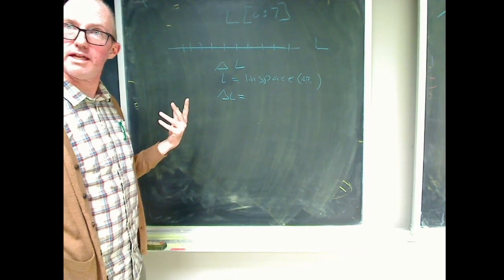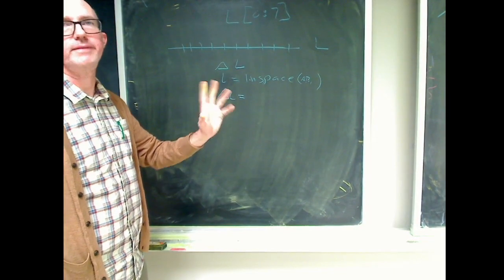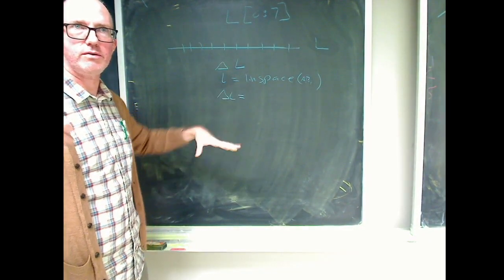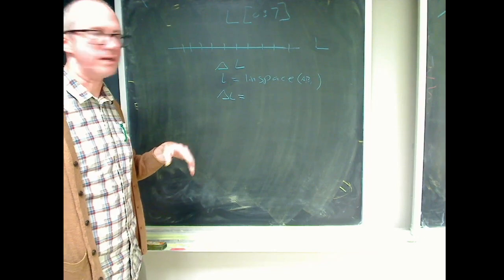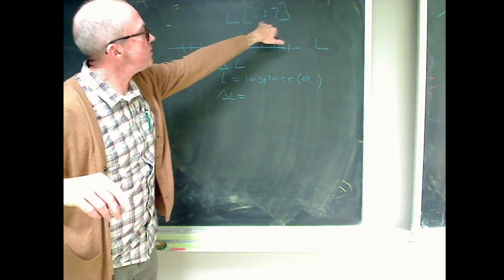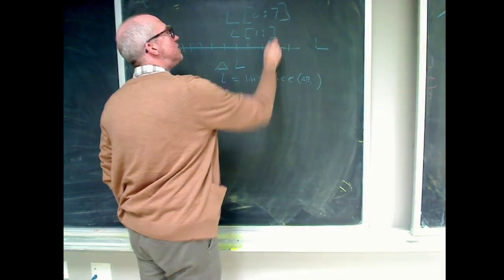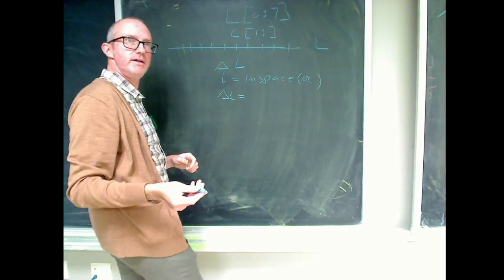It gives me everything from 0 to 6, including 6, but not 7. Because arrays start at 0, and so you don't need to count everything. So this gives me all the elements of L from 0 to 6. L of 1 gives me everything but the first element.